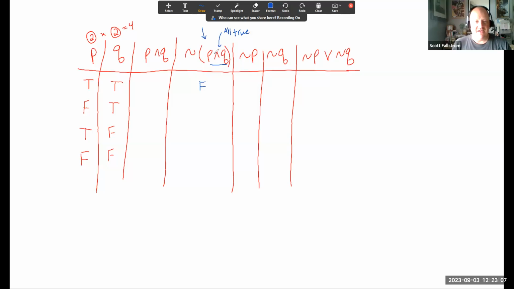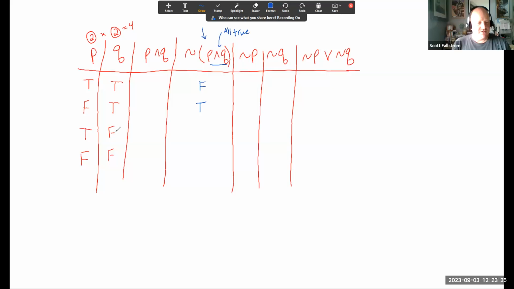Okay, so now not P and Q. If I come down here to the next one, here I'll put a little box around that. So now I'm looking at this next one. I have false with true. Remember, they all have to be true. They're not, so that is false, but I have to negate it, which means the entire thing is now true. Okay.